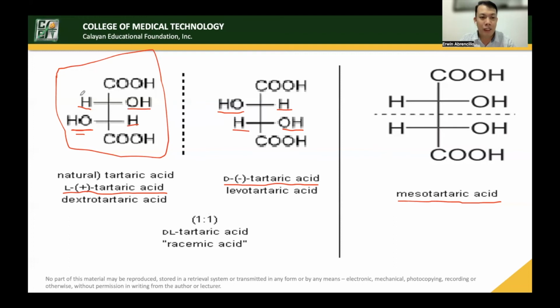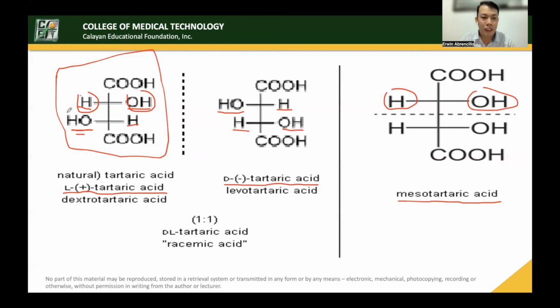This H is found at the left, and this H is still found at the left. So in this case, it is not a mirror image. And this OH is found here at the right, and this OH is still found at the right. So in this case, it is not a mirror image.